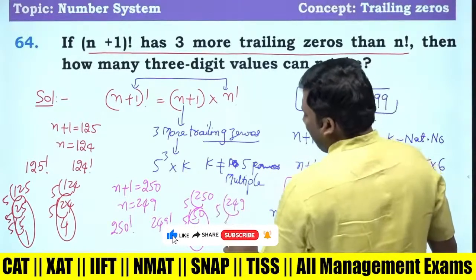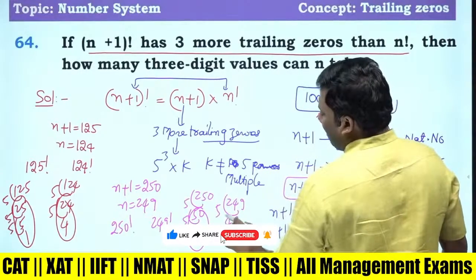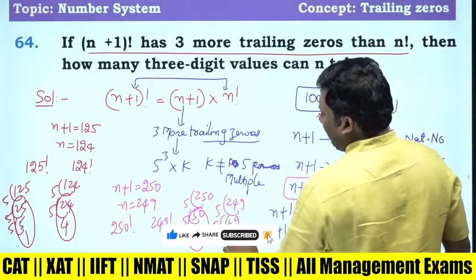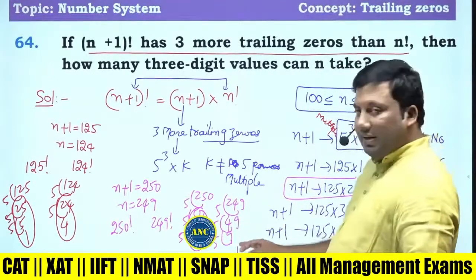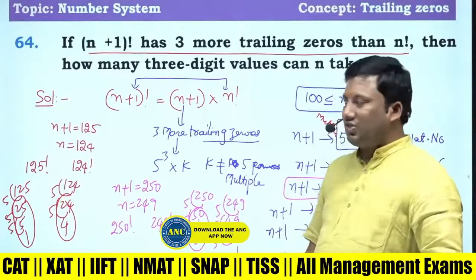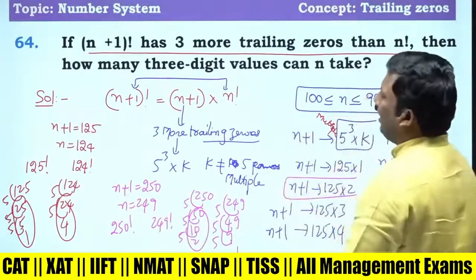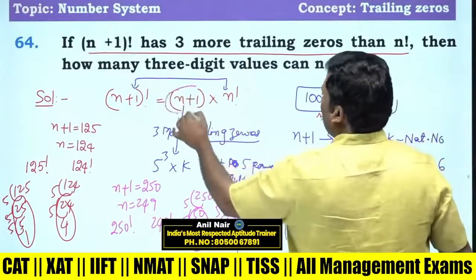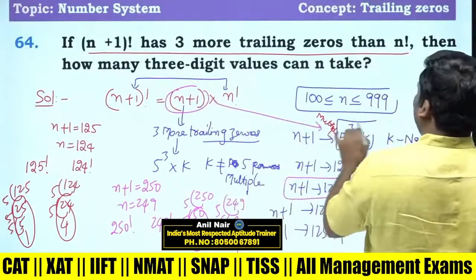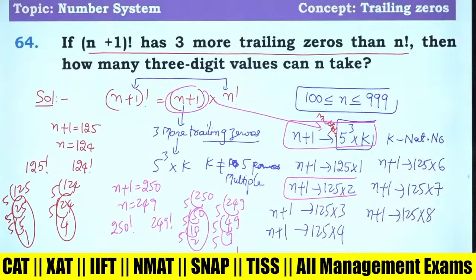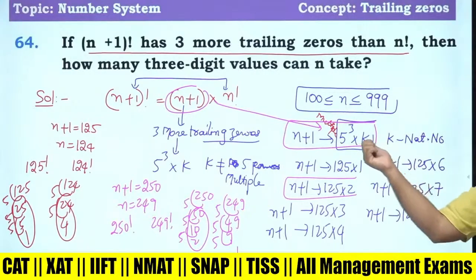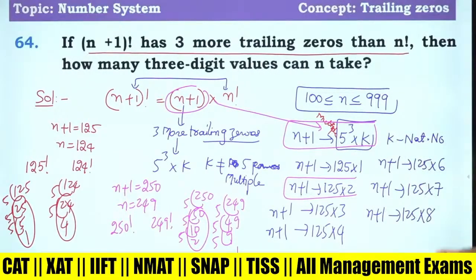For 249: 5 4s are, 5 9s are, 5 9s are, 5 1s are. So here it is 59, here it is 62. Very simple idea: n plus 1 should be a multiple of 125. Don't take a multiple of another 5, because it will result in 4 more trailing zeros.